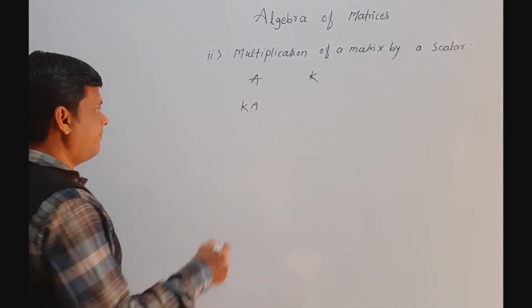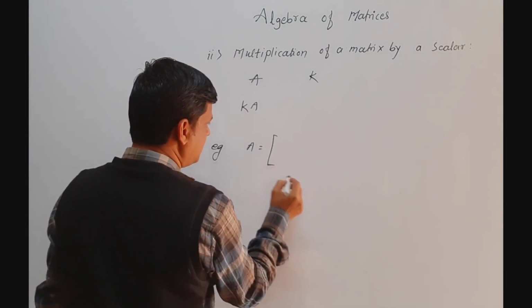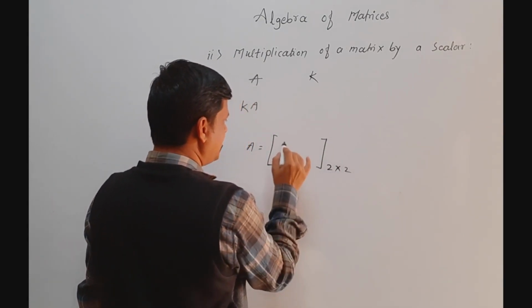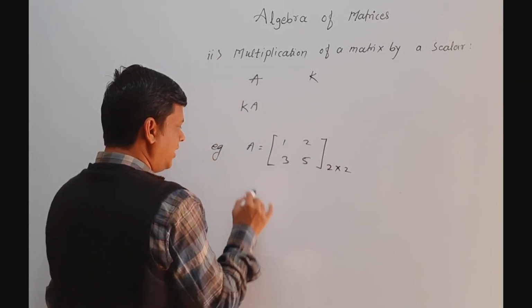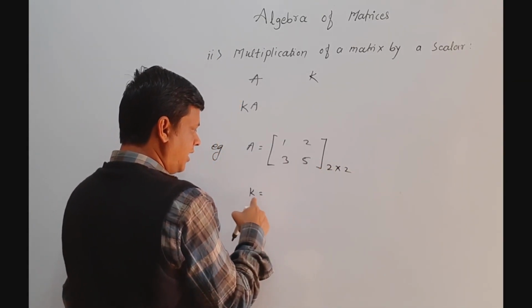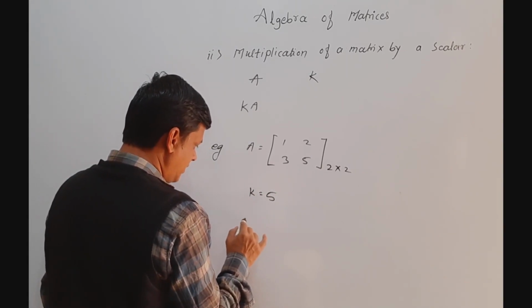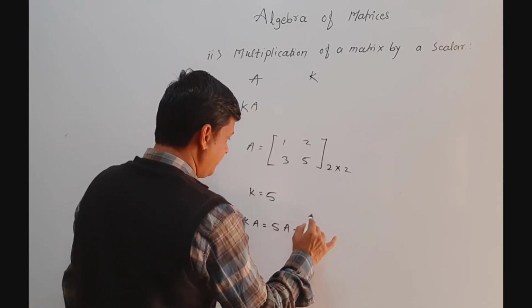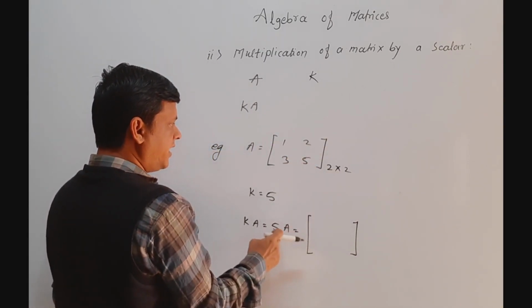Now see the example. For example, if the given matrix A has order 2 by 2 and elements 1, 2, 3, 5, then if we multiply by k, suppose the value of k is 5, then we write kA is equal to 5 into A. We have to multiply each element of this matrix A by 5.